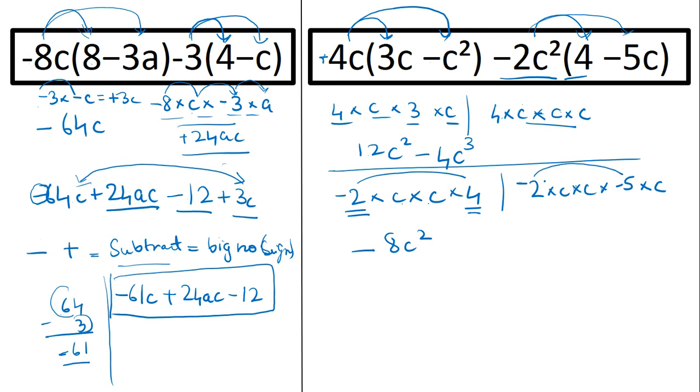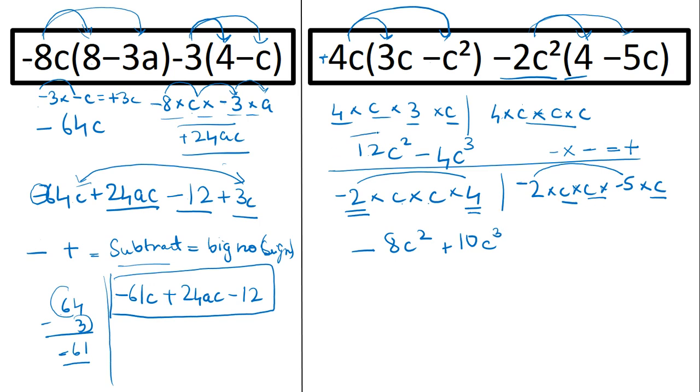Now here, it's interesting because we have negative 2 and negative 5. So a negative multiplied by a negative always gives a positive answer. So negative 2 times negative 5 gives me positive 10. And then I have a c and another c and another c, which means I have 3 c's. So I'm going to be writing 10c cubed because the 3 c's, so c to the power of 3.